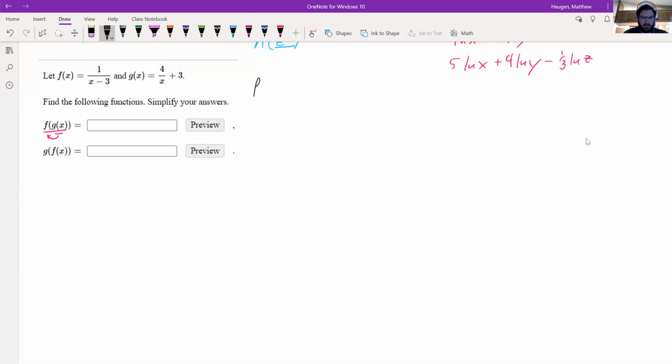So f composed with g of x means we're going to take f and put in the 4 over x plus 3. So f says whatever its argument is goes in for that x. So 1 over the 4 over x plus 3, minus 3.